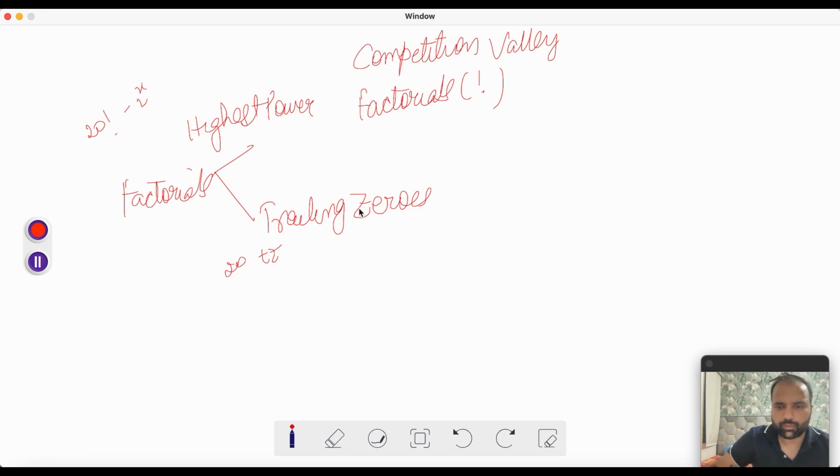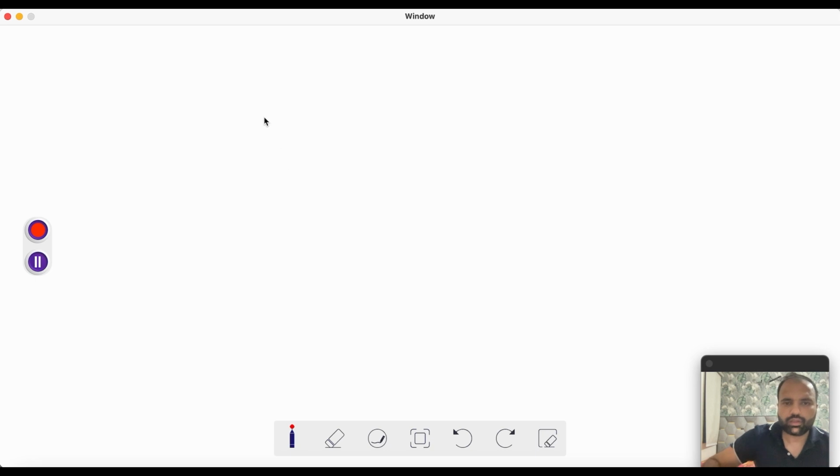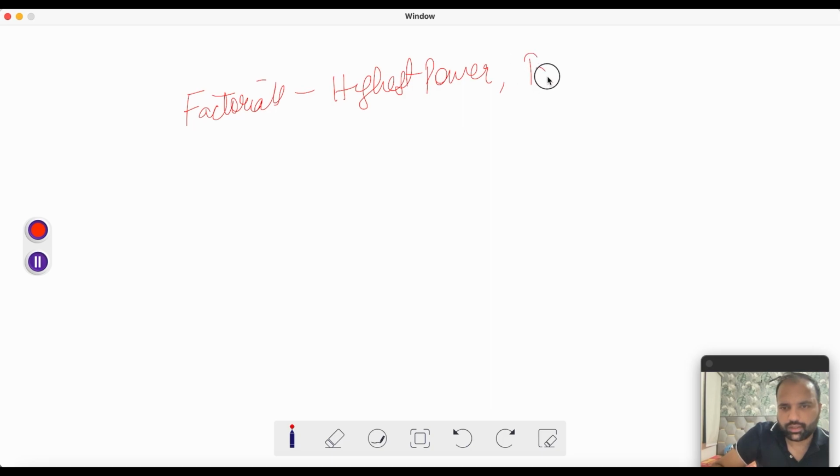Now let's assume for a moment that we have to go in reverse. So let's say I'll just make it so that we can correlate. Earlier we had factorials and we could find highest power, and also we can find trailing zeros.